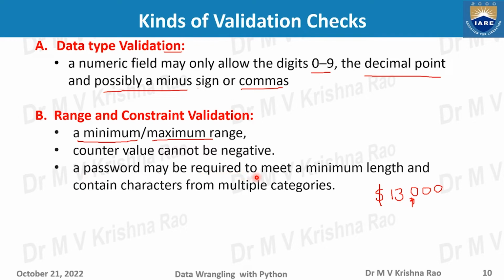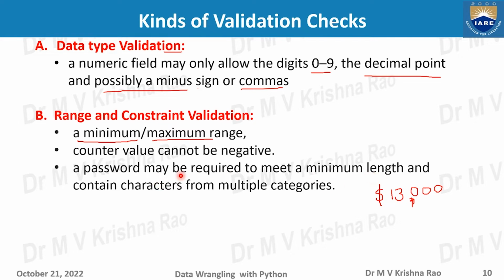And a password may be required to meet a minimum length and contain characters from multiple categories. Many times we are asked to meet a poor, strong, or excellent level for passwords. Some guidelines will be given when you are creating any password, and it should contain one capital letter, more than one special character, numericals like that.